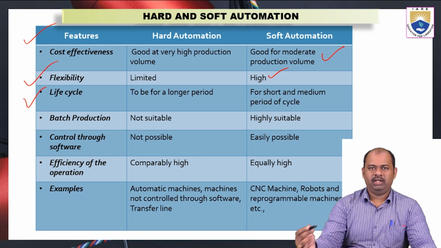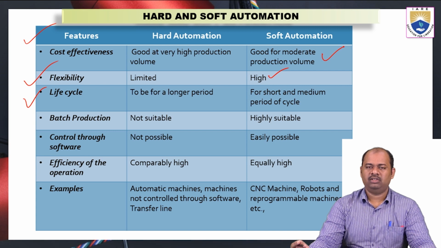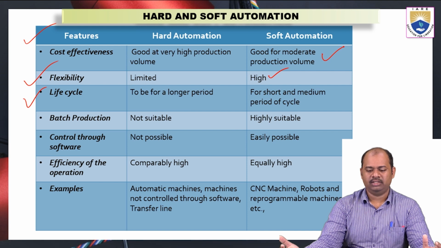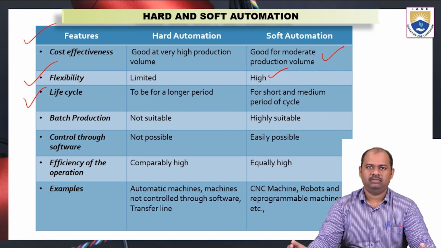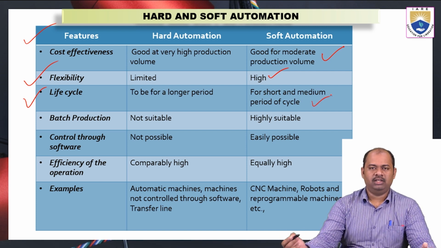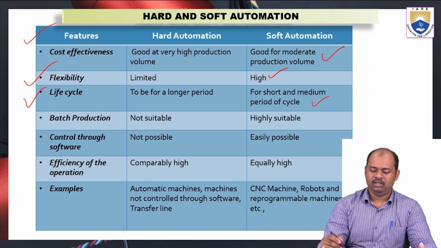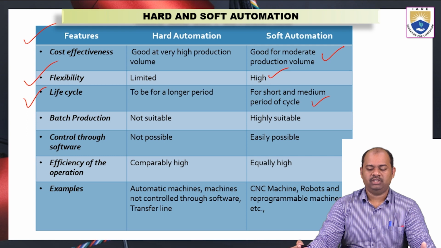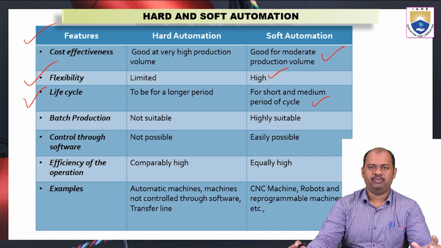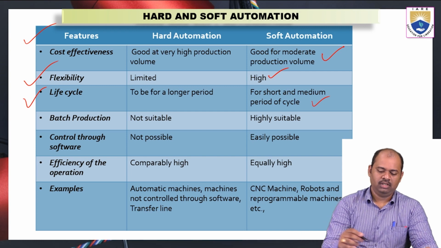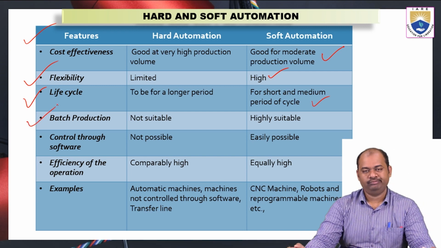Comparatively, soft automation also has a long life, but not as long as hard automation, because there may occur a software crash or something. In both cases, crashes and failures can happen, but compared to hard automation, soft automation works for a shorter period. And then batch production.